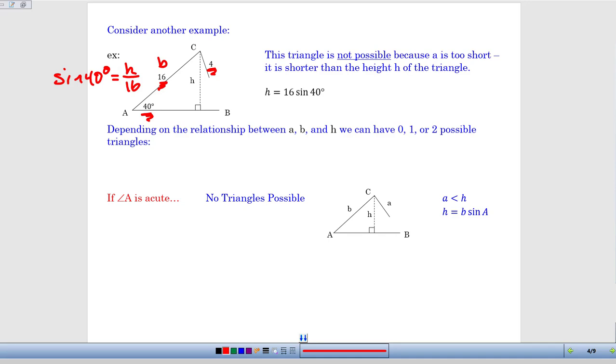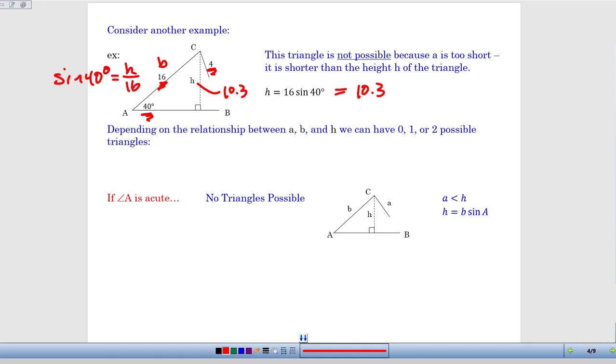Well, if we do 16 times the sine of 40 on our calculator, we're going to get an answer of 10.3. And so if that height is 10.3, and yet that side across from angle A only has a length of 4, then we have a problem. That length 4, that side a, is not long enough. There is no triangle possible based on the information that's been given to us.